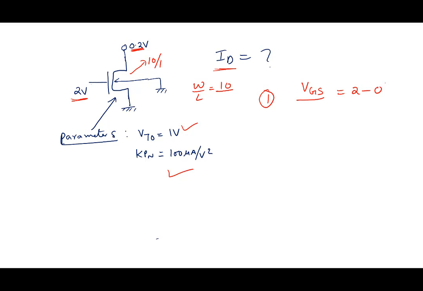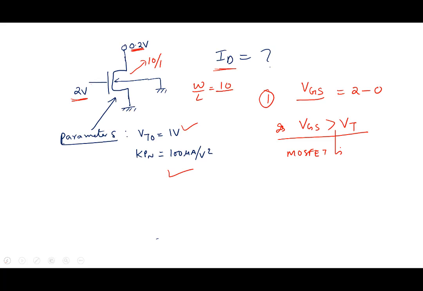Now, check: is VGS greater than VT? The answer is yes. So the MOSFET is operating in strong inversion condition, basically above threshold. That's important, before using the equation I have to be sure that MOSFET is above threshold.